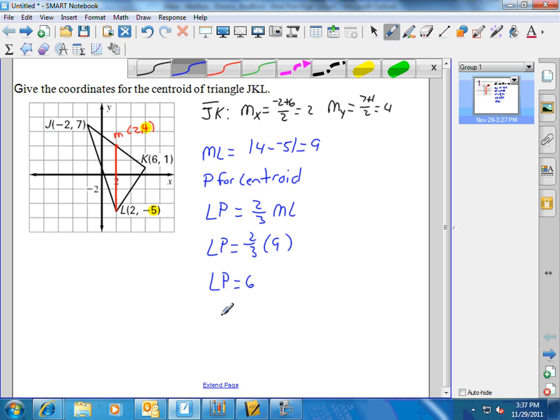So the coordinates for P are going to be 2, and then -5 plus 6, which is 1. Okay, so my centroid is 2 over and 1 up. That's the coordinates of my centroid.